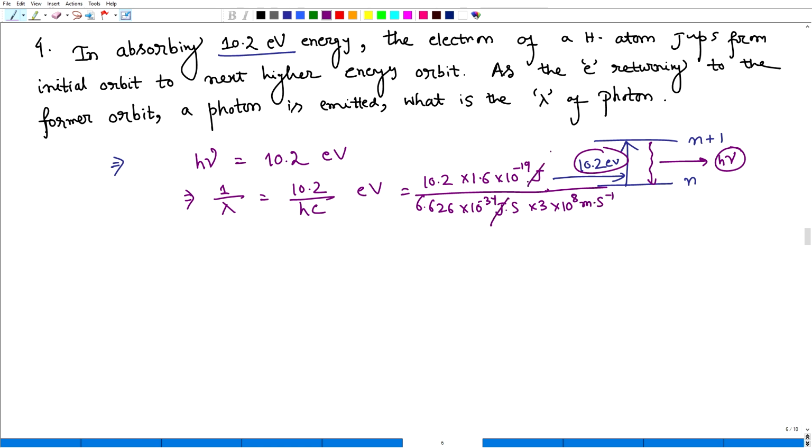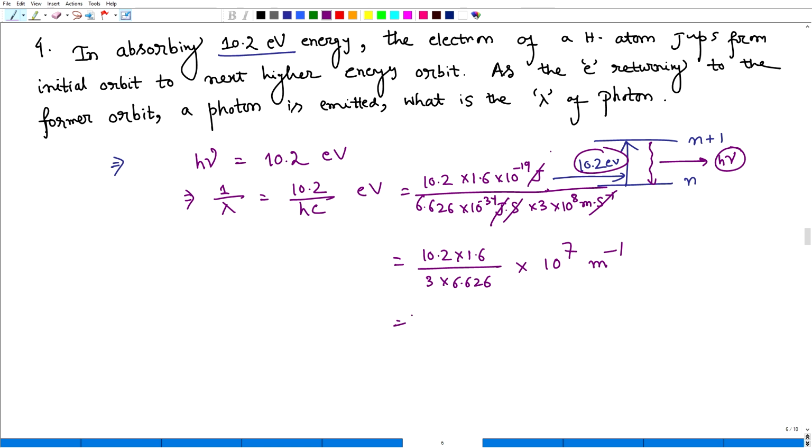So joule will be cancelled out. Okay, so it is 10.2 into 1.6 divided by 3 into 6.626, and 10 to the power 8, 34 will be there, so it will be 10 to the power 7 meter inverse.